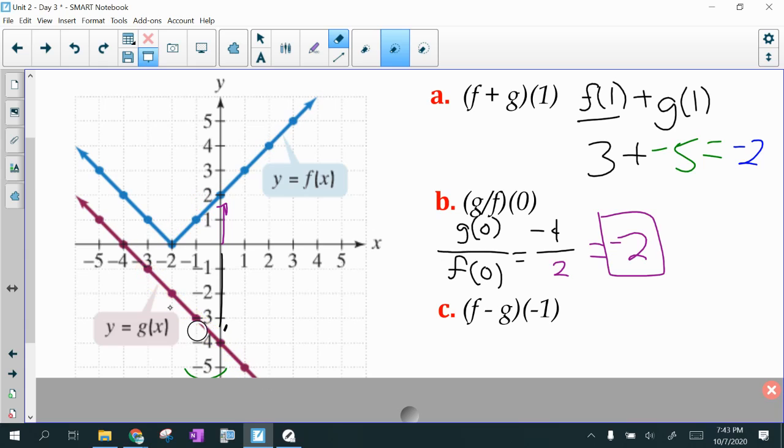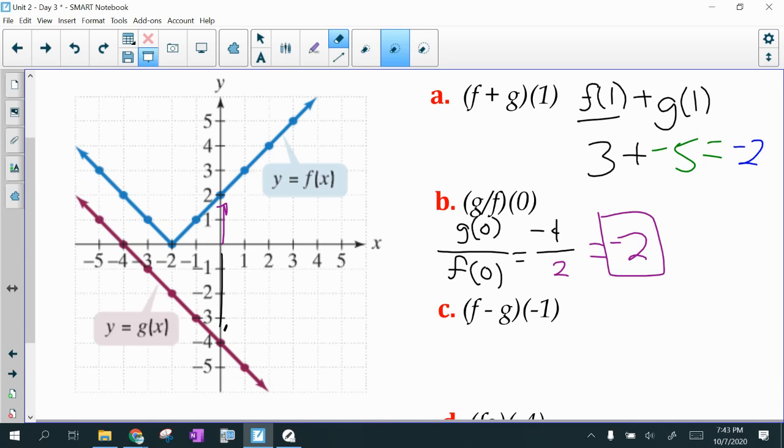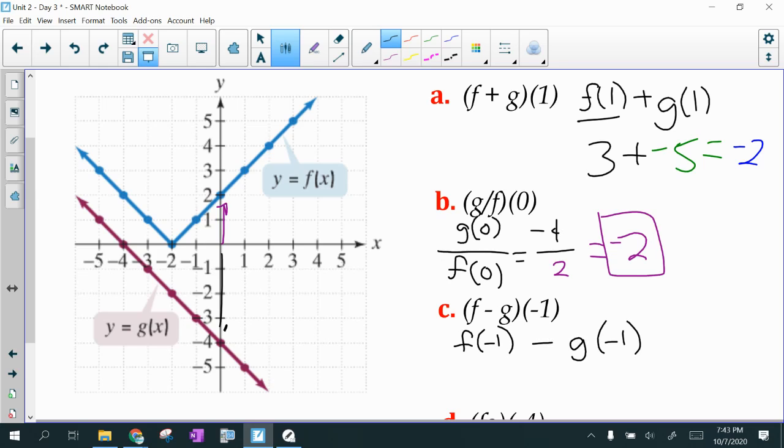What else do we have? Well, let's take another crack and see what we've got to mess with on the next one. It says f minus g of negative 1. So again, I'm going to say, what is f of negative 1? And now I'm going to subtract g of negative 1. Let me go back here, and we now know where the f of function is. So I'm going to say, well, what is f of negative 1?